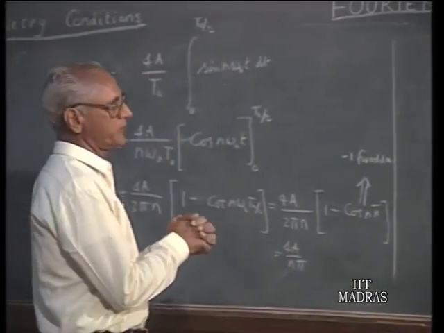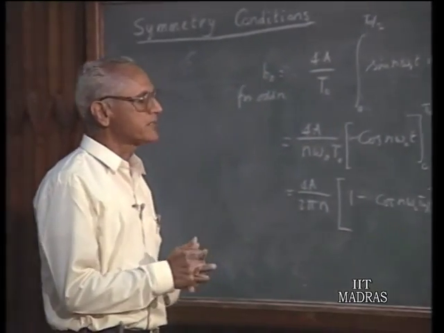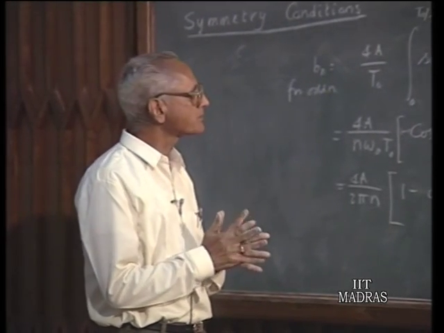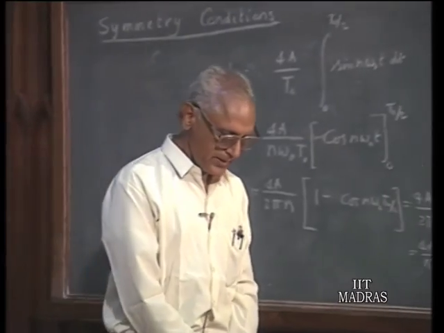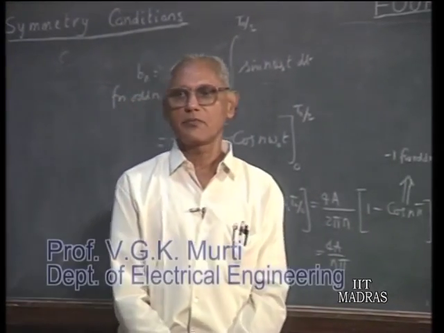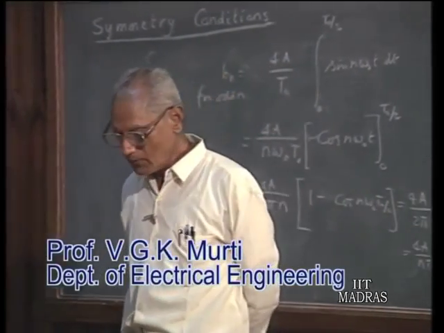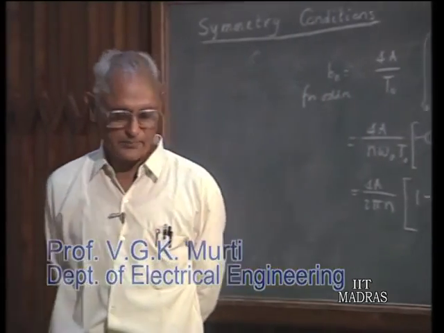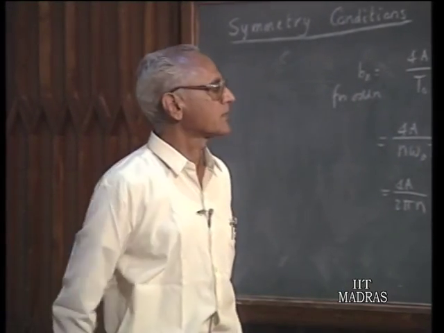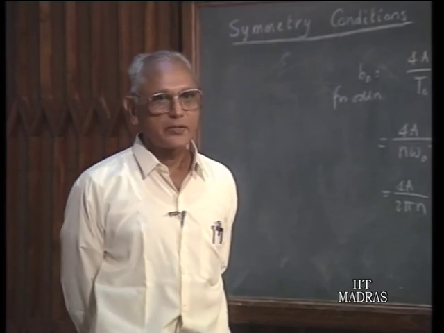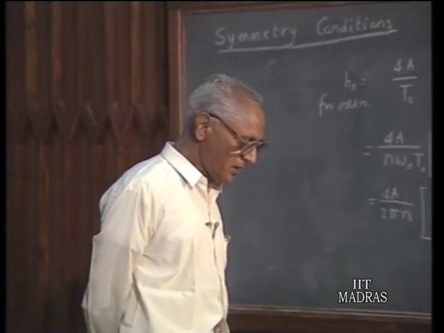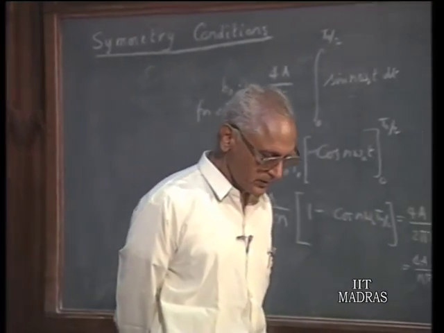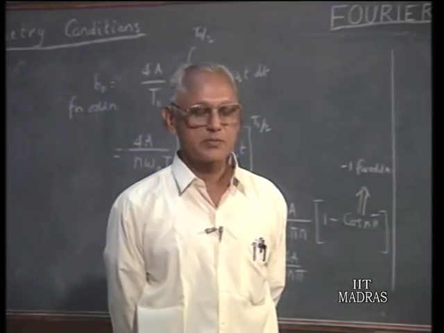To sum up, first of all, what we have learned in this lecture is that the symmetry conditions on the given function of time enable us to calculate the Fourier coefficients with less effort than would otherwise be necessary. In particular, we saw if the function is even, then there can be only cosine terms present.